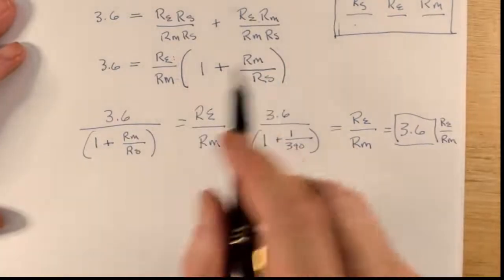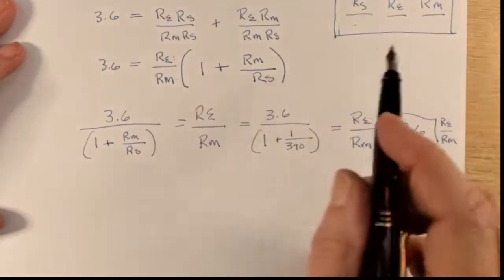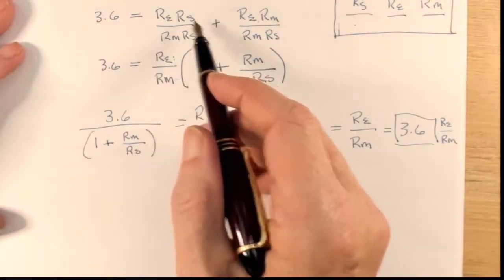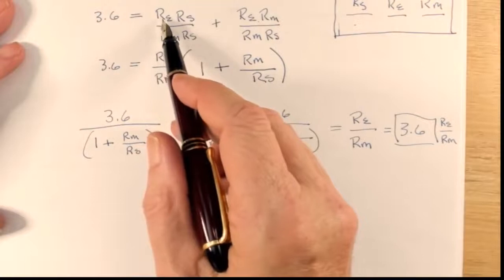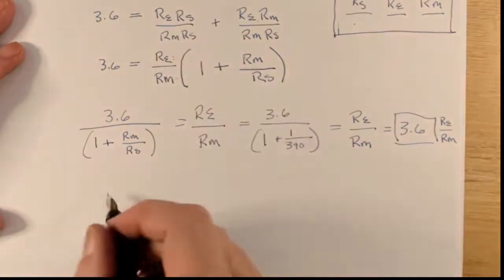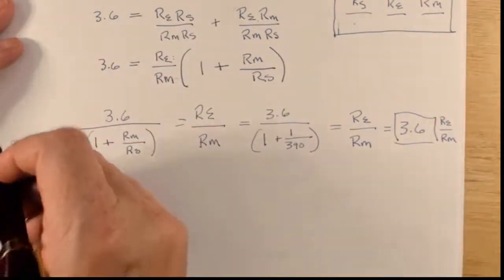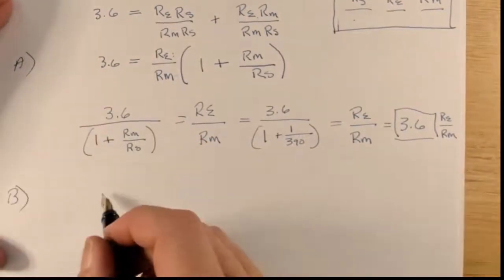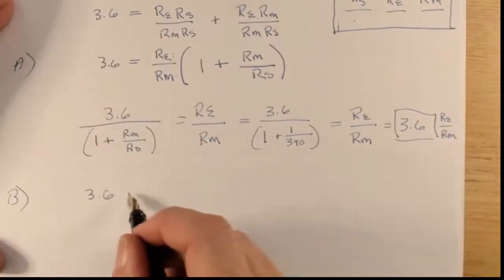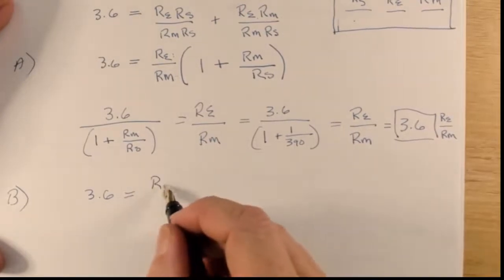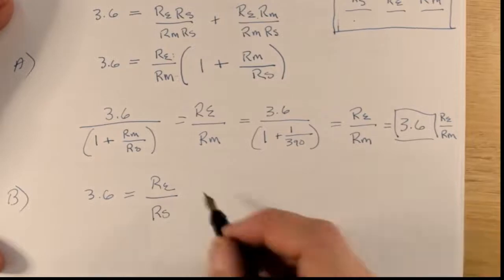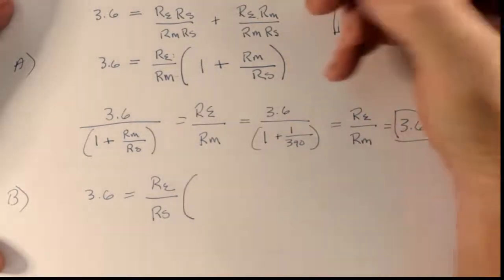Now, we can do exactly the same thing with the radius of the Sun and the radius of the Earth. So we can pull out the radius of the Earth, and we can pull out the radius of the Sun. So here's A. Let's go down here to B. So 3.6 equals the radius of the Earth over the radius of the Sun times, well, what?